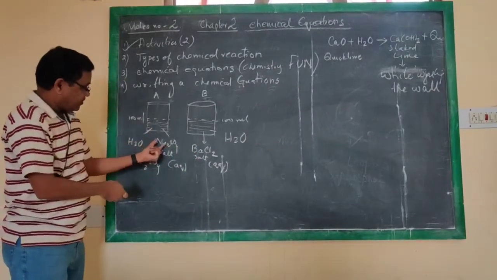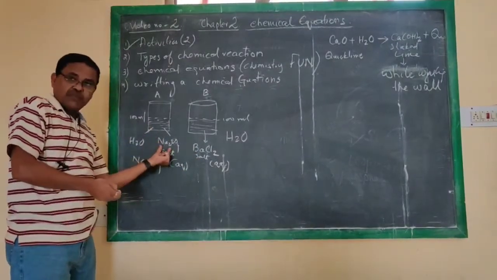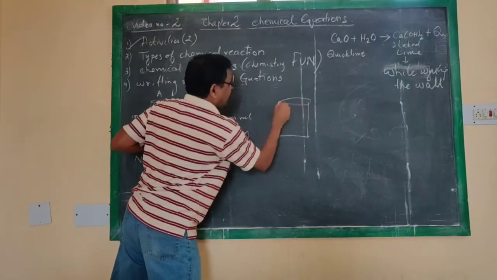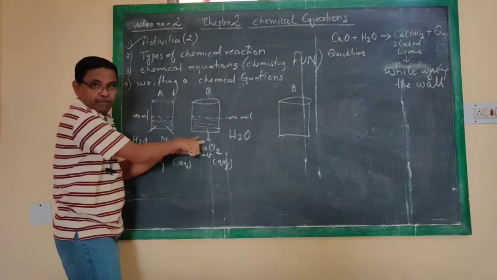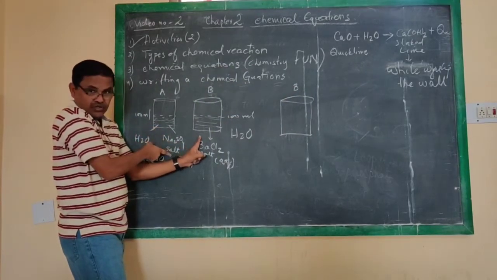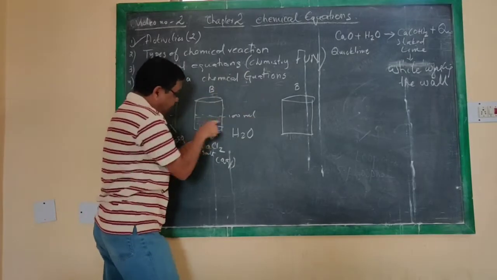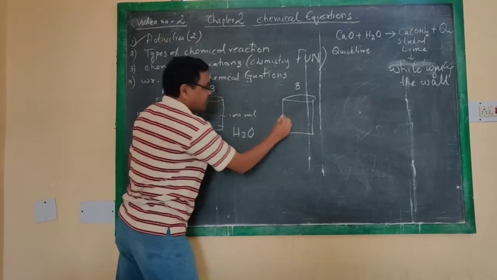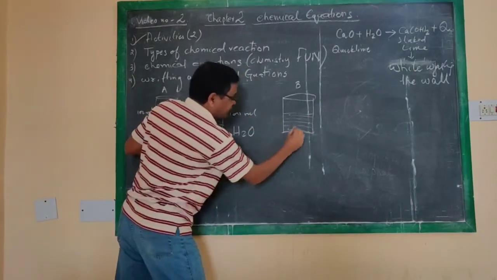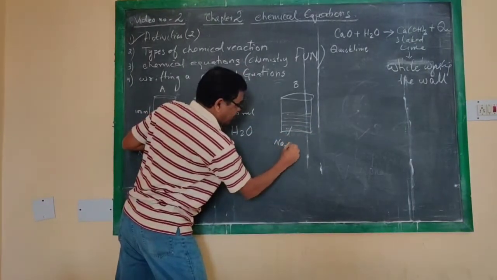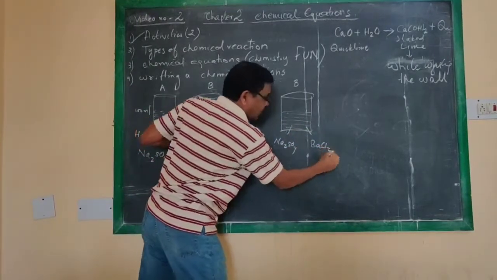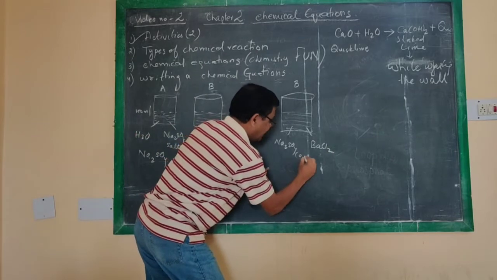Now what we have to do is take the aqueous solution of sodium sulfate, Na2SO4, and drop it into beaker B, which contains the barium chloride aqueous solution. Both are aqueous.